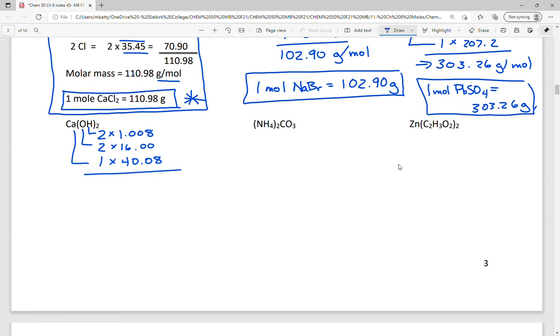On my calculator, adding that up, the molar mass of this entire compound would be 74.096 grams per mole. In calculating molar mass, I don't concern myself with sig figs. That's something that I will correct for at the end, so don't worry about that. Again, with molar mass, be consistent with the units of molar mass and the fact that these can be seen as unit factors.